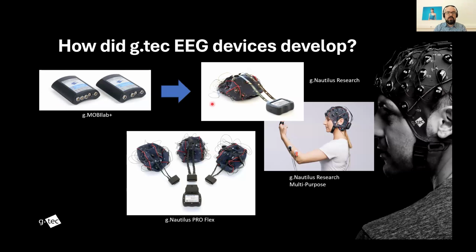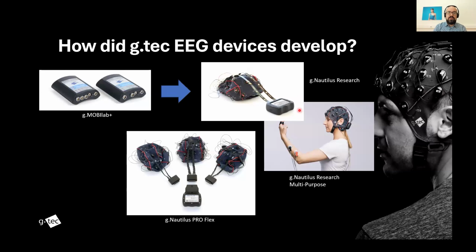You can see here one of the g.Nautilus research. They can go up to 64 channels. The sampling rate can now go up to 500 hertz for up to 32 channels. You can record with dry and wet electrodes.